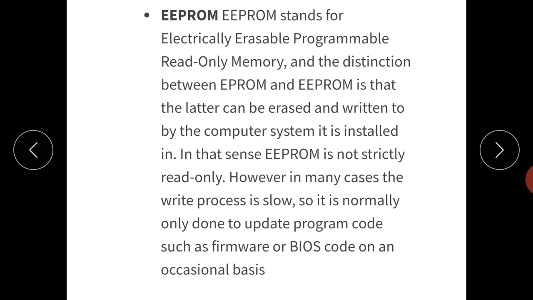Third type is double EPROM, electronically erasable programmable read only memory, in which data can also be erased. The difference is that double EPROM is not strictly read only. However, in many cases the write process is slow, so it is normally only done to update program code such as firmware or BIOS code.